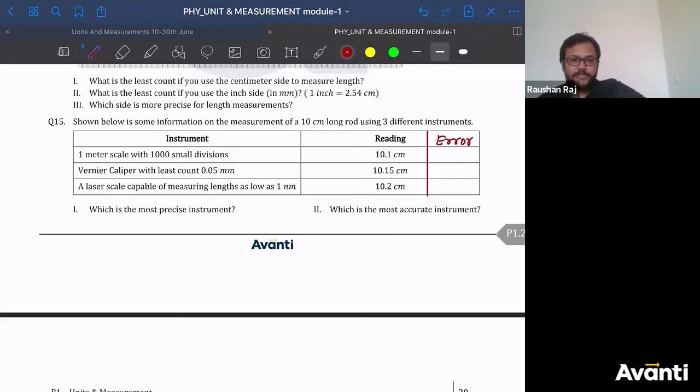Okay, Harshvardhan is saying most precise. I won't tell, otherwise others will also copy. Accurate. Okay, fine, we'll see. Harshvardhan, your answer is not correct. Okay, Trisha is answering.